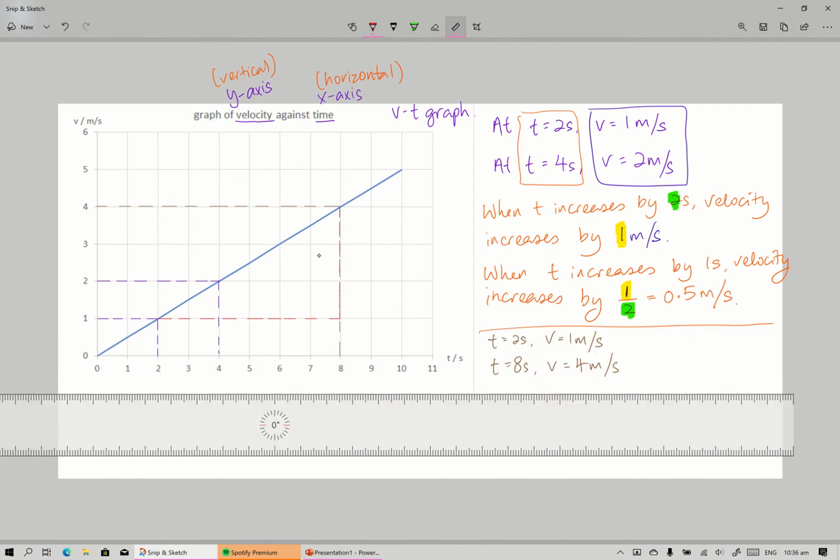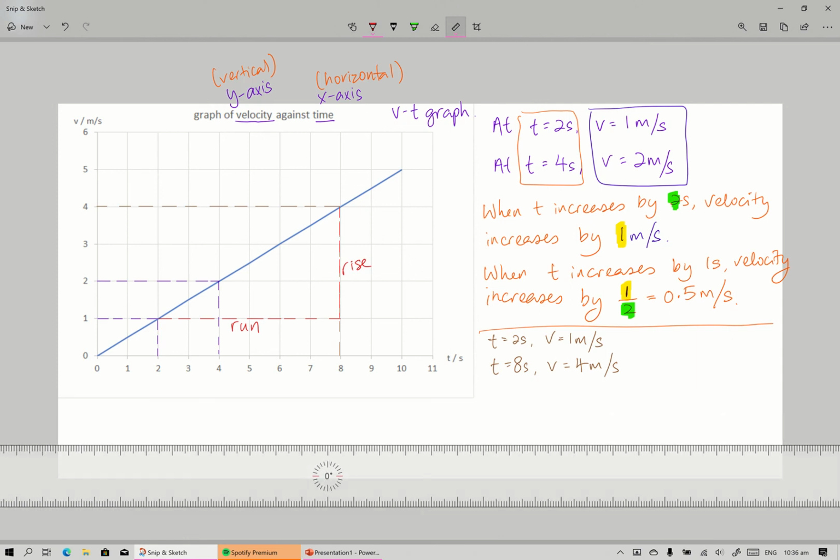That's your rise. And that's the run. Okay, just focus on the red dotted lines. Now, as I mentioned earlier in the video, time cannot decrease, so time increases. So time increases from 2 seconds to 8 seconds.